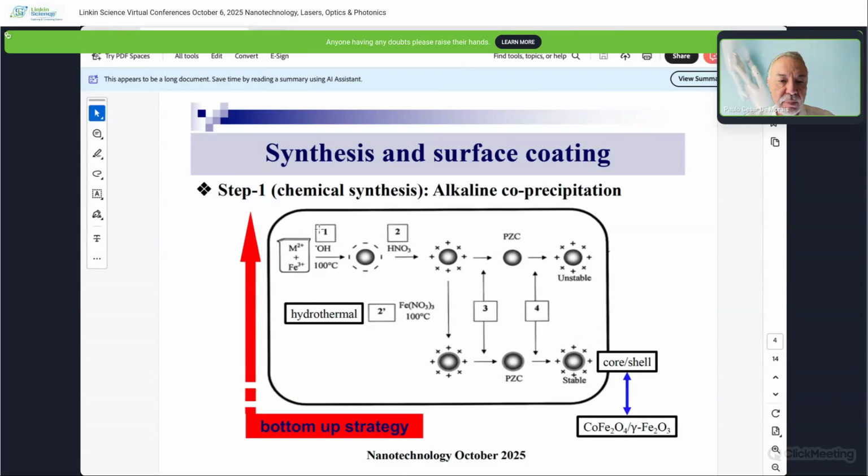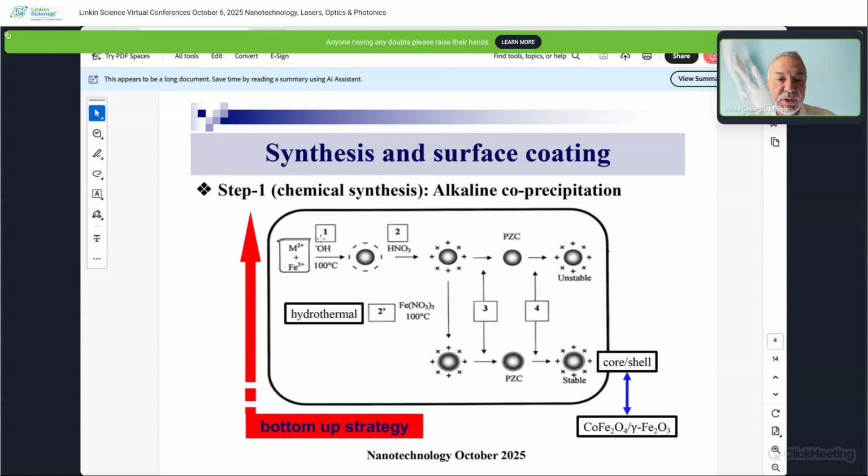So here, the first step, actually, you mix solutions of the metal 2+, like cobalt 2+, with iron 3+. And you mix them in the right concentration, and of course in the stoichiometric proportion.